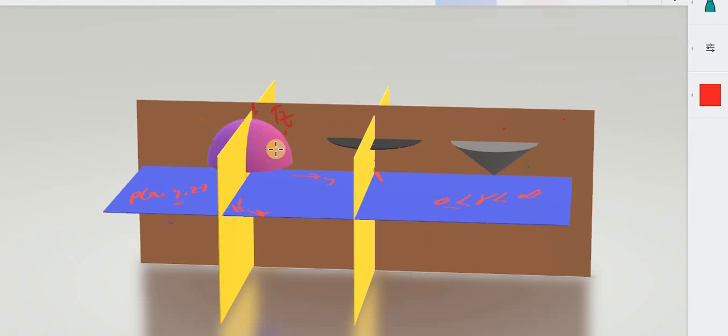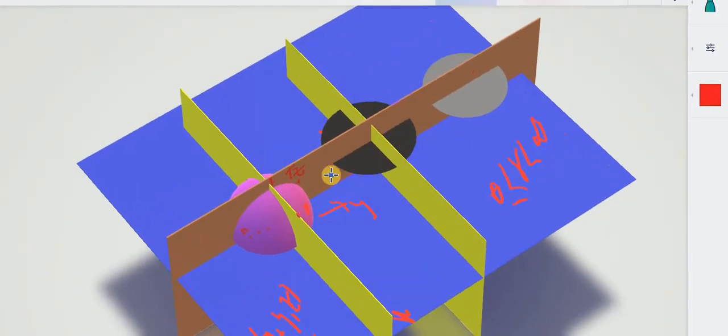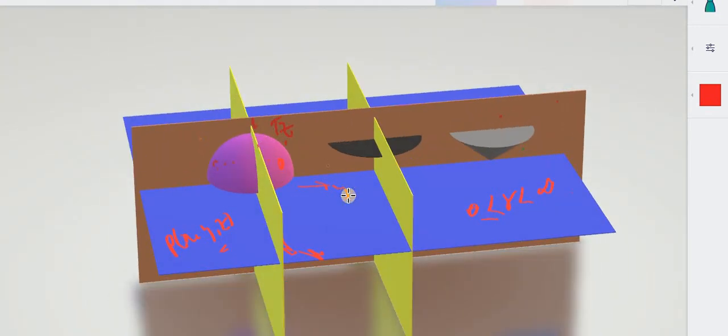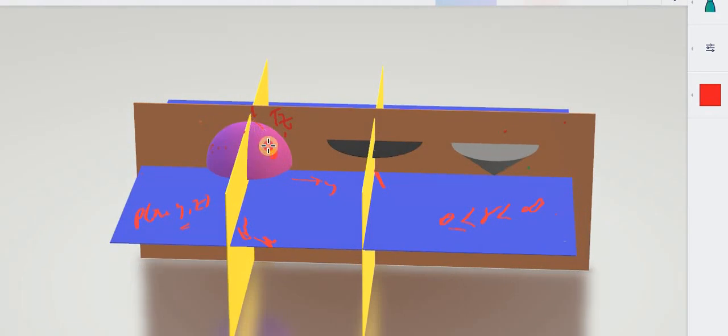The angle created between the z axis and this r is known as theta, and its direction is clockwise from the z axis to r. So in this way will be the theta.